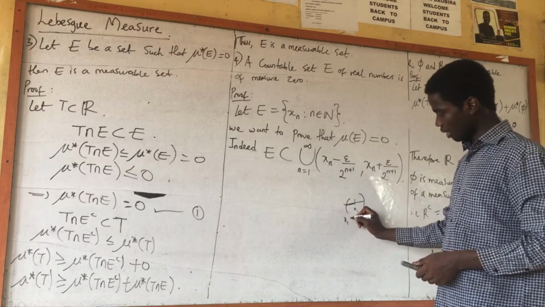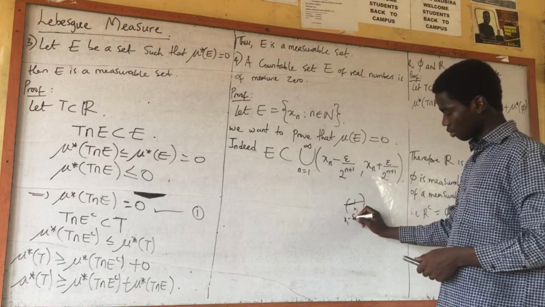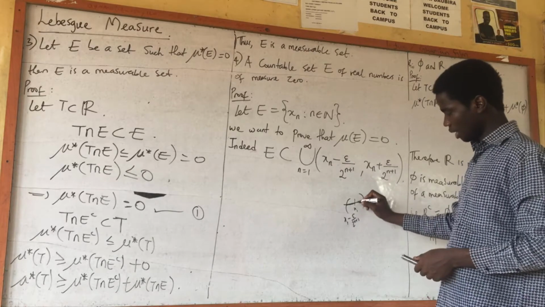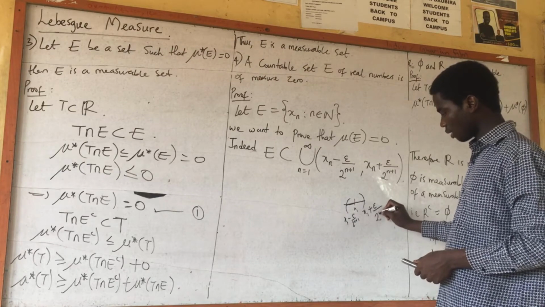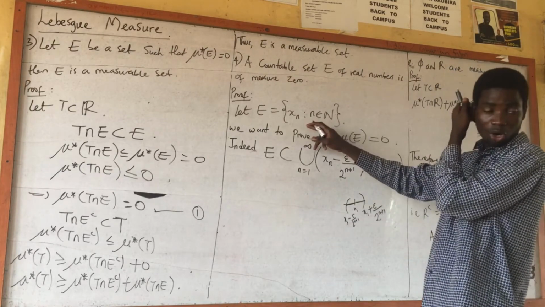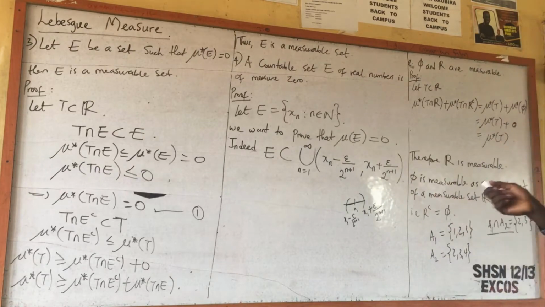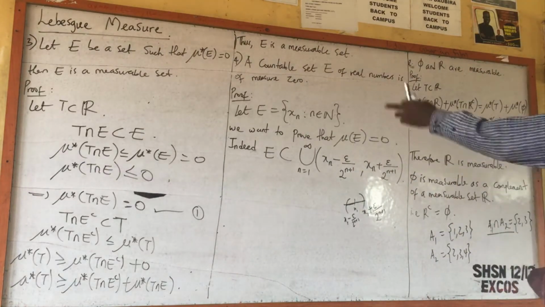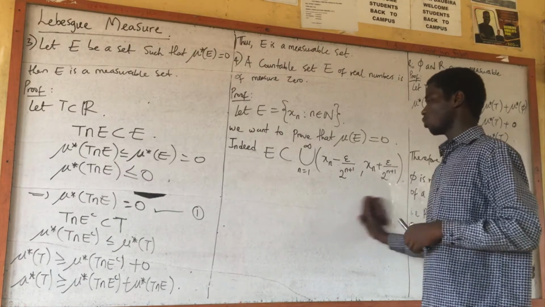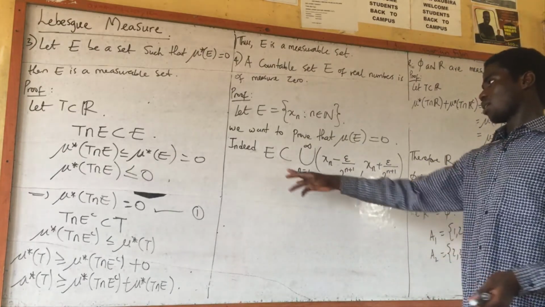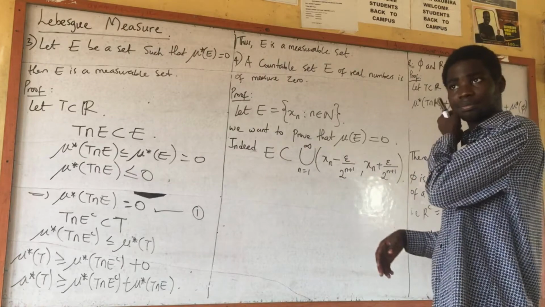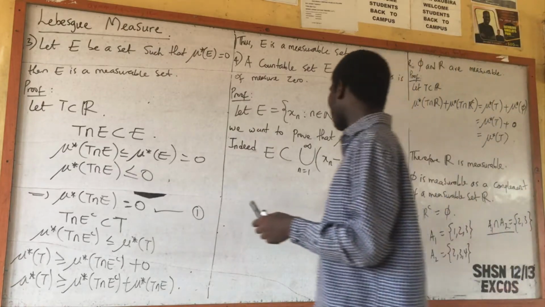The distance between here and here will be epsilon over 2^(n+1), and the distance on the other side will also be x1 plus epsilon over 2^(n+1). You do like that for all the elements in the set E. So it covers E.